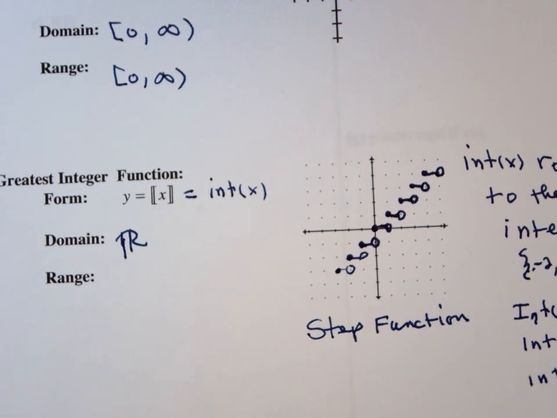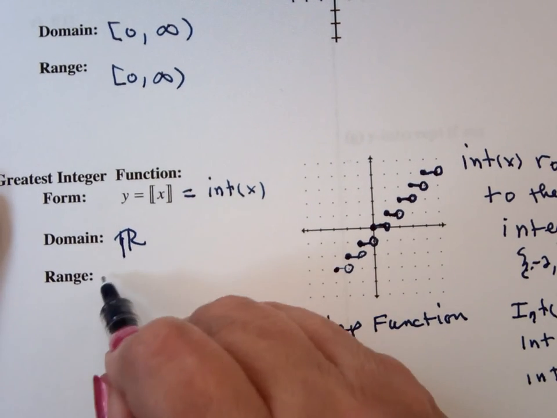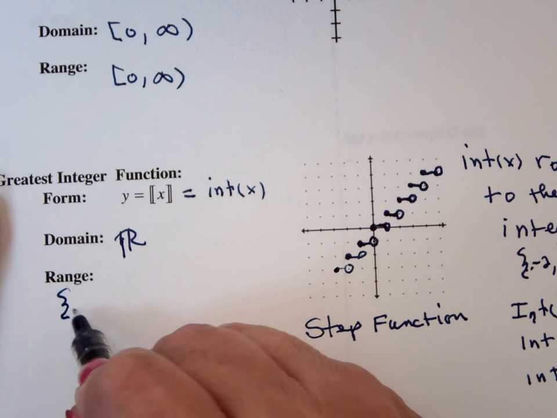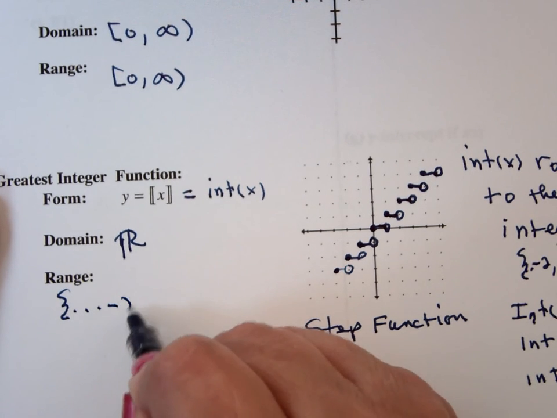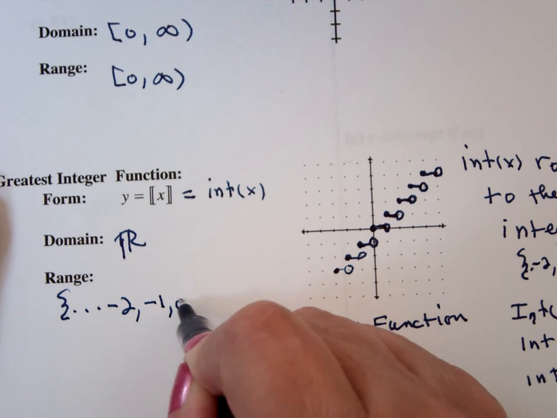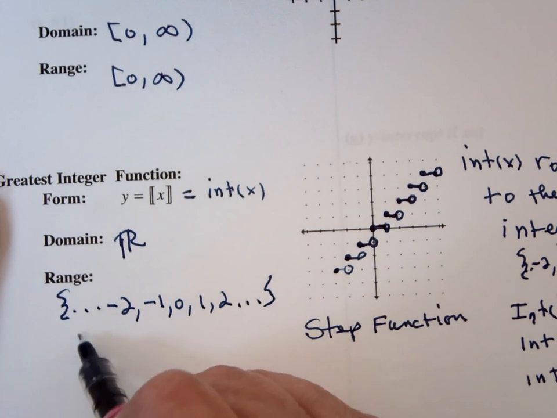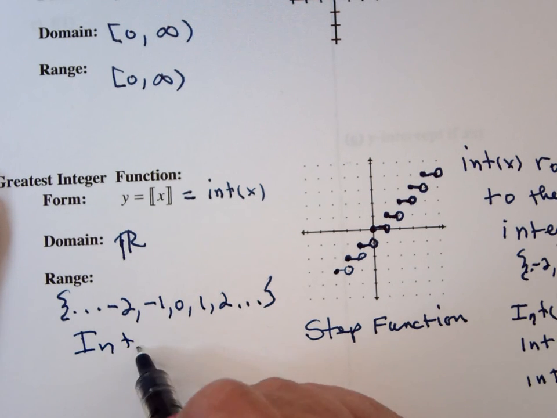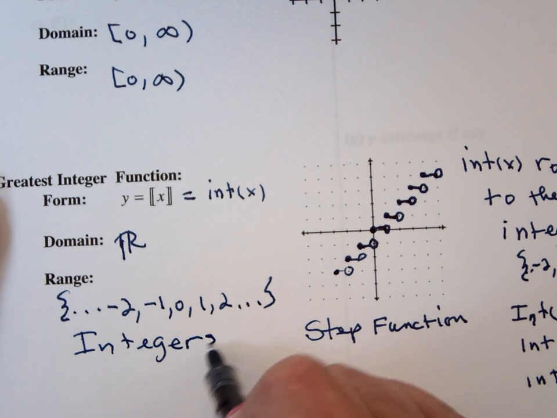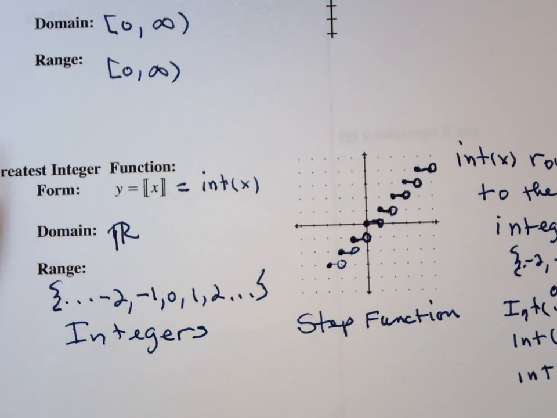They're all integers, yeah. So what's the range? Well, the range is ..., -2, -1, 0, 1, 2, ... Or we could say the integers. He's weird. Good news is we don't run into him much here.